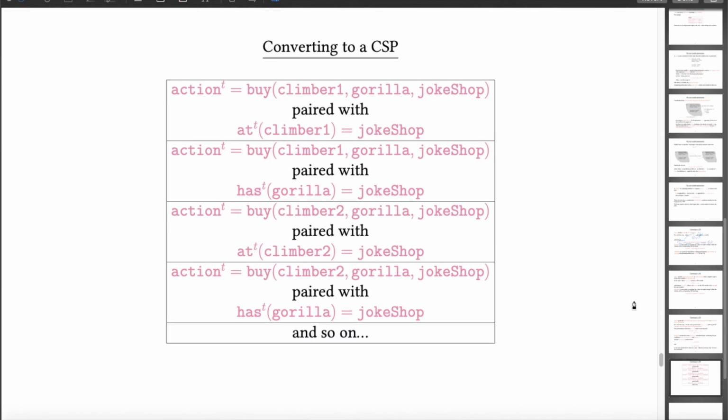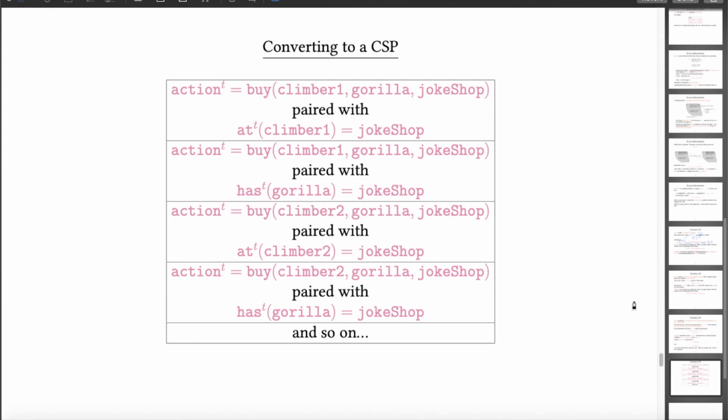We're going to say that at time t the action can be buy climber 1 gorilla joke shop, provided at the same time climber 1 is at the joke shop. So we paired a ground action with the ground version of its first precondition. And we'll also introduce a constraint that says action t can be buy climber 1 gorilla joke shop, provided that at the same time has gorilla is joke shop.